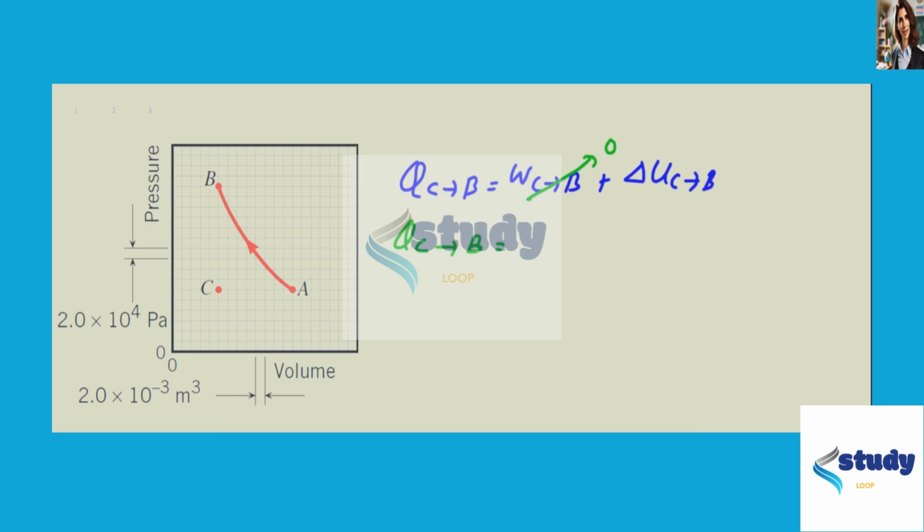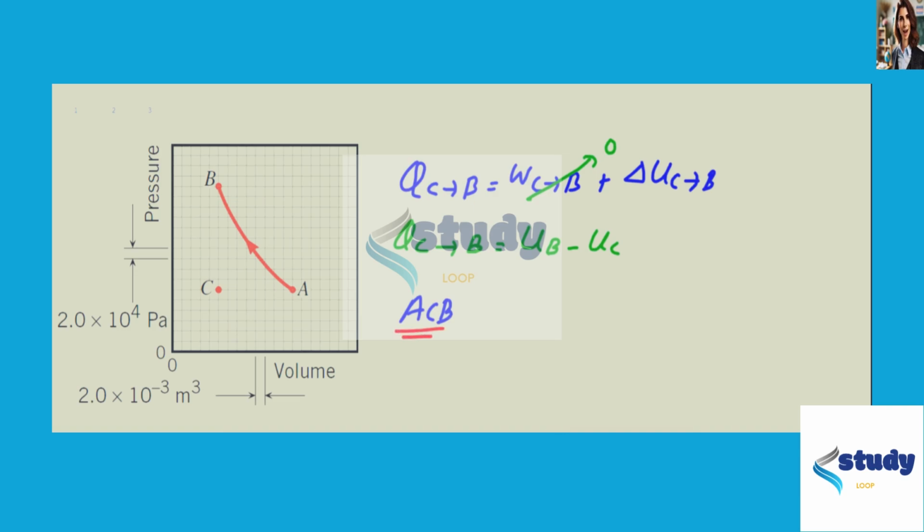So here change in internal energy is internal energy at point B minus internal energy at point C. Now we can easily calculate net heat for the process ACB.